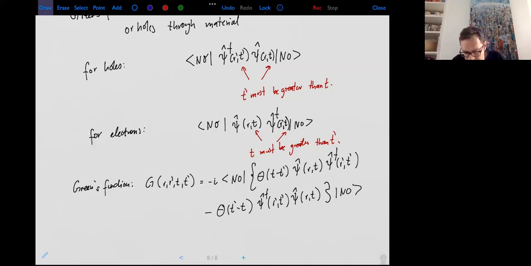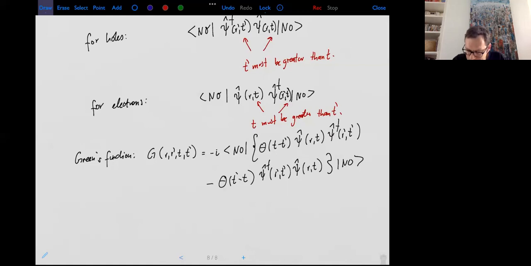And because this is a bit difficult to write, people often write it in the following way. They introduce what's known as a time ordering operator T. And not forget the dagger.